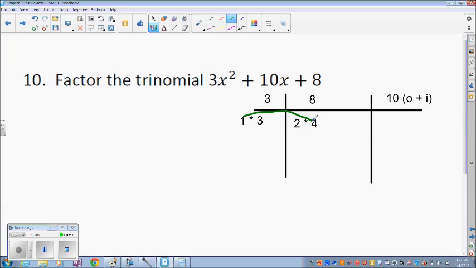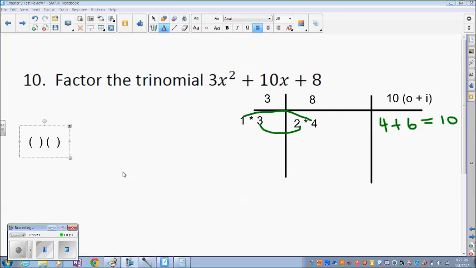If I do outside times outside, that'd be 1 times 4, which is 4. And if I do inside times inside, that's 3 times 2, which is 6. And if I do 4 plus 6, that equals 10. So that tells me these are the correct factors and they are in the correct order.